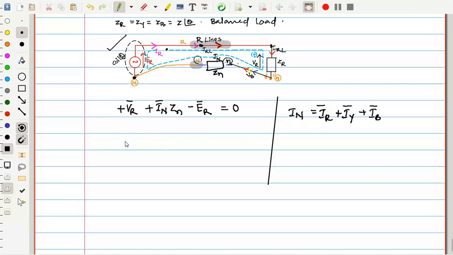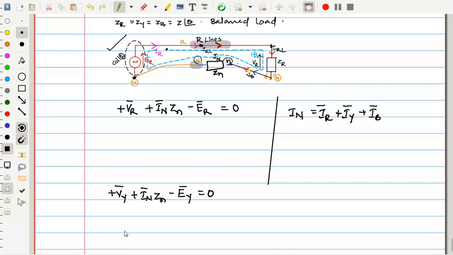Let me produce the other equations also here. Plus VY plus IN into Zn minus EY is equal to 0. This is for the Y corresponding loop.